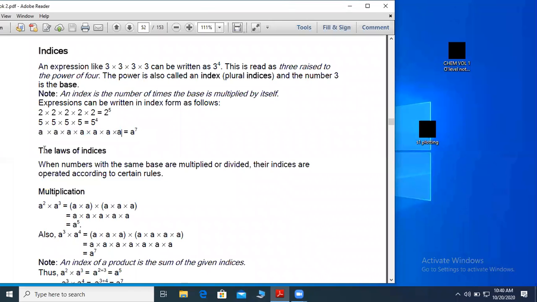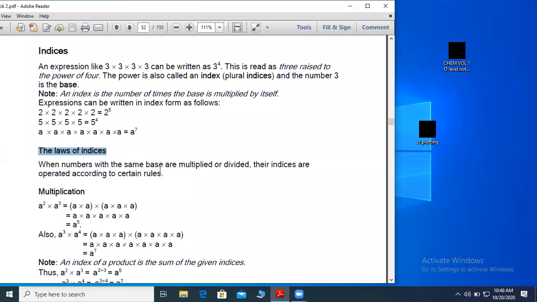Laws of indices. These laws must be understood very well, because anytime we can ask you to apply them. Please take note of this.